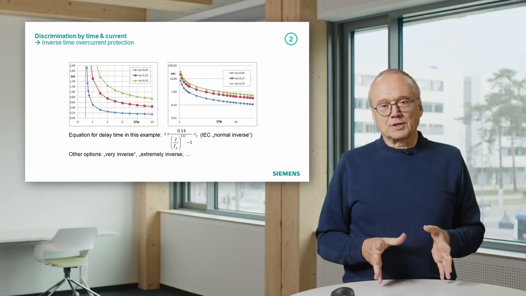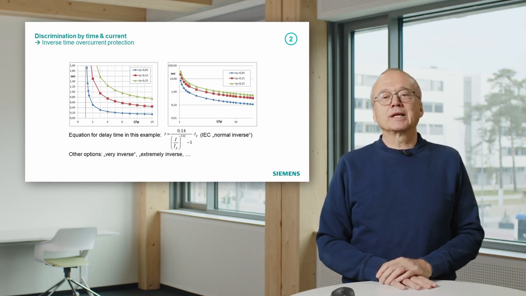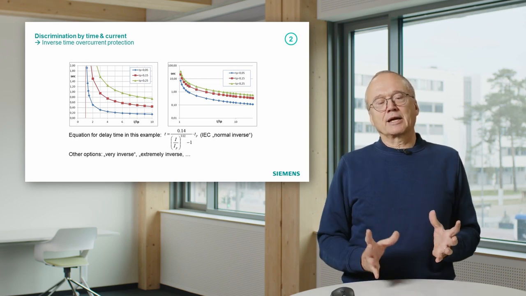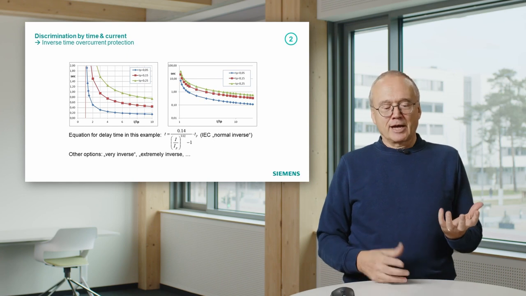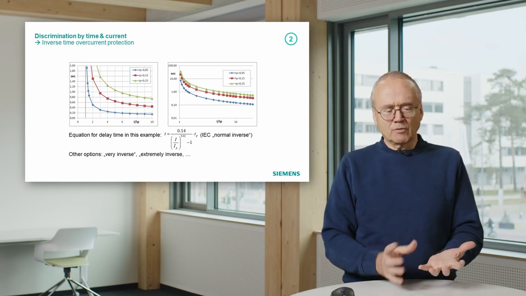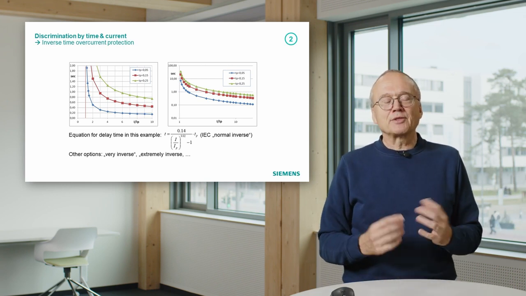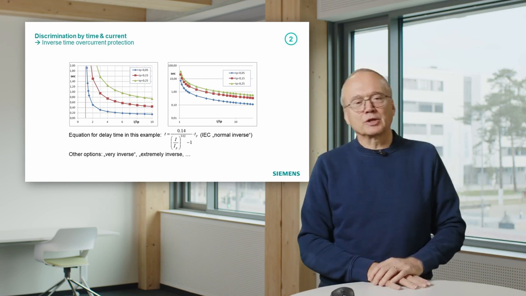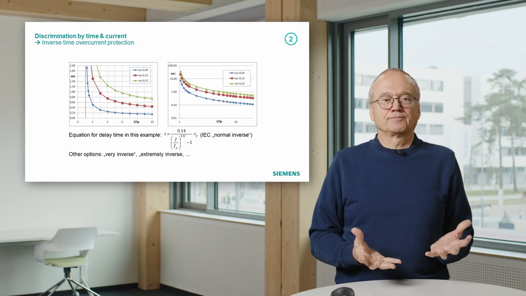This concept was started in very early times where protection relays were still electromechanical relays. That means at that time overcurrent relays were built with induction discs, and people made a mechanical construction where the characteristic was more or less determined by these induction discs. And then these things were brought into the market, and they had a certain characteristic.